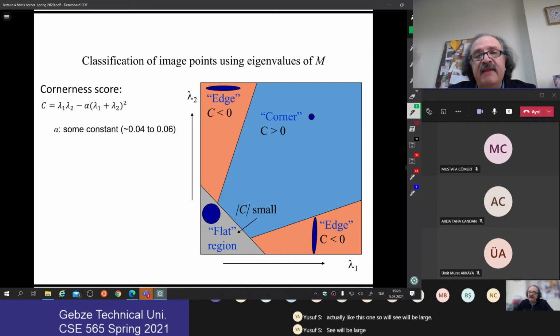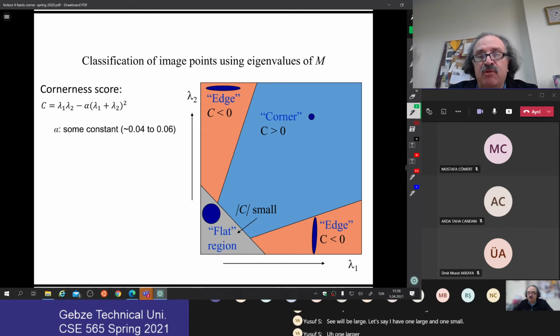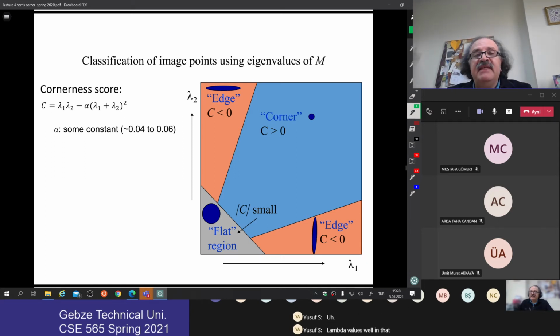Let's say I have one large and one small lambda value. Well, in that case, C is going to be smaller than 0.